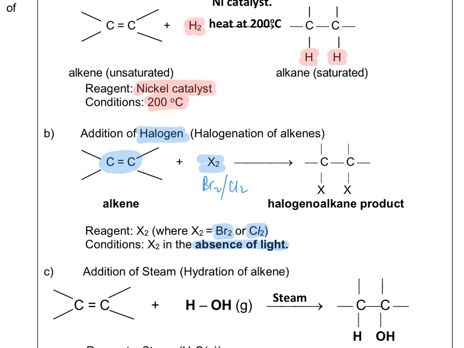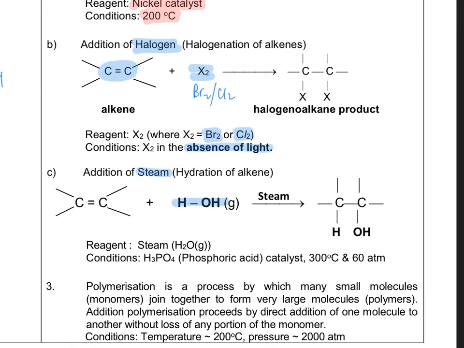Now the third reaction you can add is steam. When you add steam, you get your alcohol. One of the carbons will take the H and the other carbon will take the OH, and you produce alcohol.